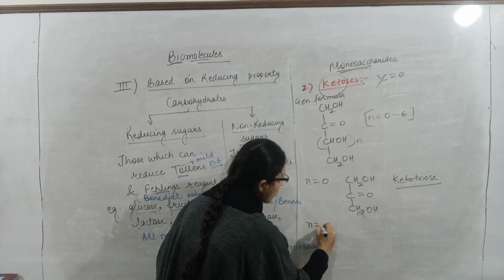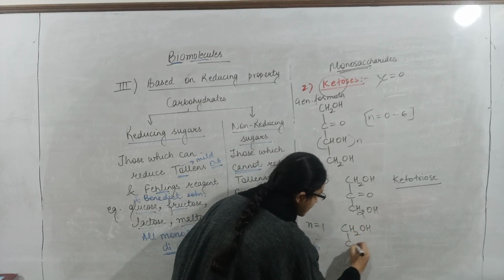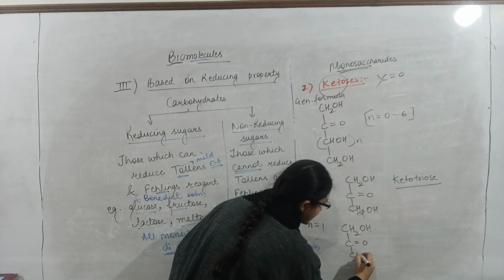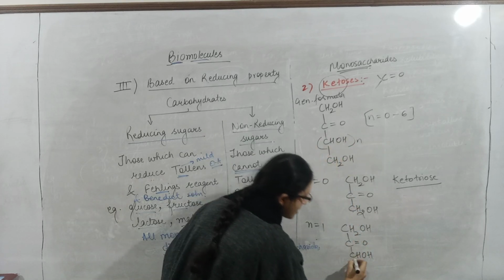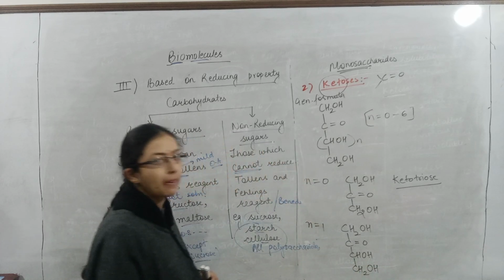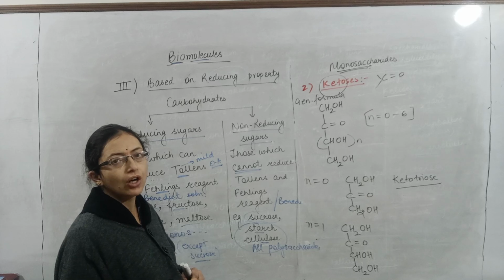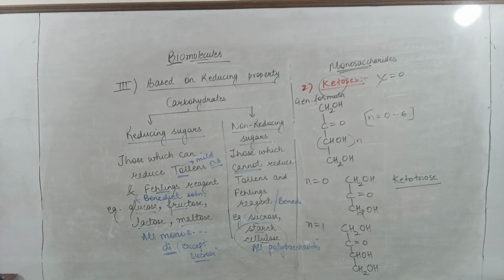Now put N is 1, so CH2OH C double bond O CHOH. This is only one time, so just write it once, then CH2OH. Right? Now how many carbons present? Total 4 carbons are there.